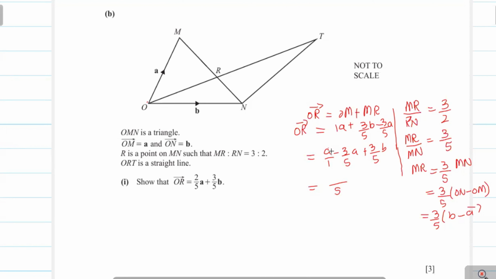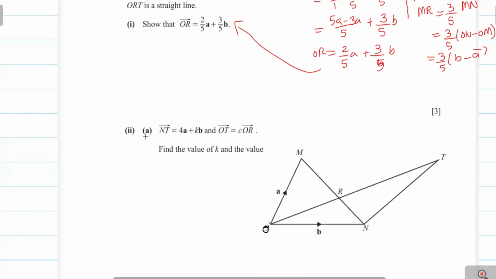This is 5. Therefore, this will be equal to 5a minus 3a over 5 plus 3 over 5 b, and this is 2 over 5 a plus 3 over 5 b. This is the proof.